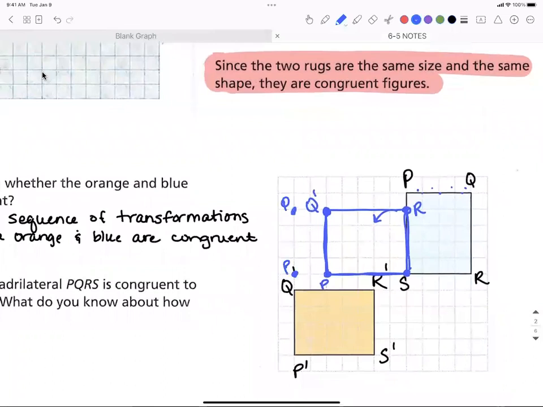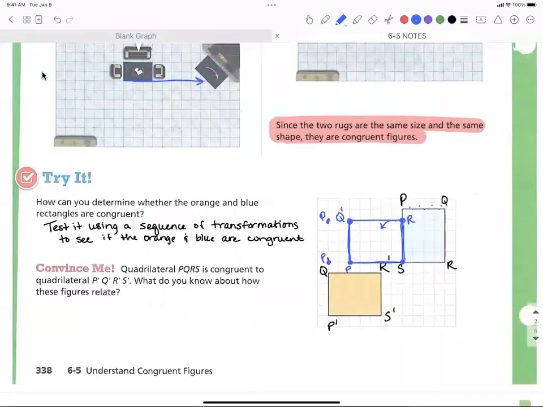Then what? So let's write down what we've done so far. What do you know about how these figures relate? That's describing what we just did. So we had to rotate PQRS 90 degrees. Do I have to put counterclockwise?